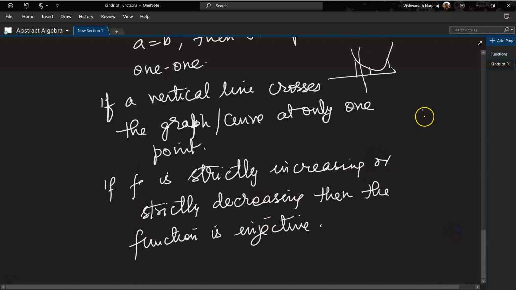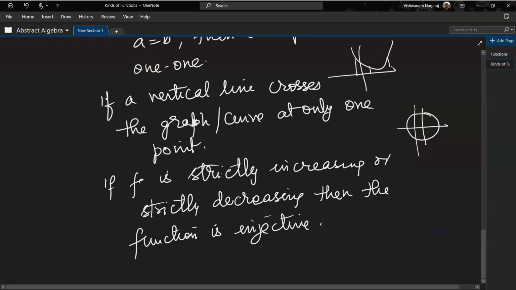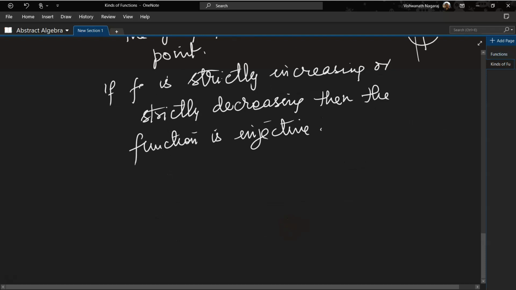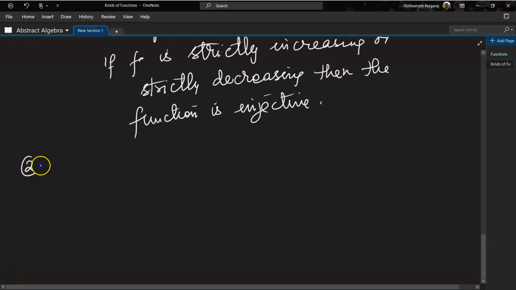But for example, if we have a circle kind of thing, if you draw a vertical line, it crosses the circle at 2 points. That means that's why we call it an equation, not a function. Okay, so that is one-to-one function or injective function.